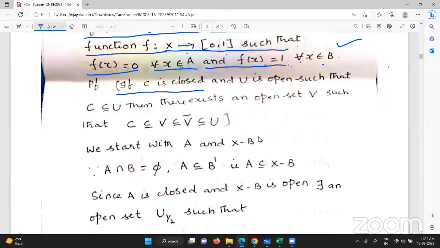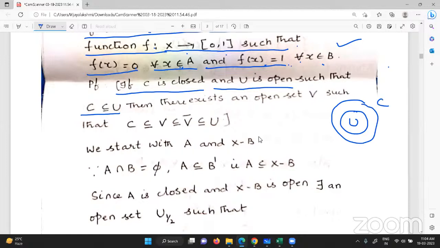If C is a closed set and U is open such that C is a subset of U, then there exists an open set V such that C is a subset of V. Anyhow, we know that V is contained in V bar. Under U only you are going to have these subsets. This is the concept I am going to use.